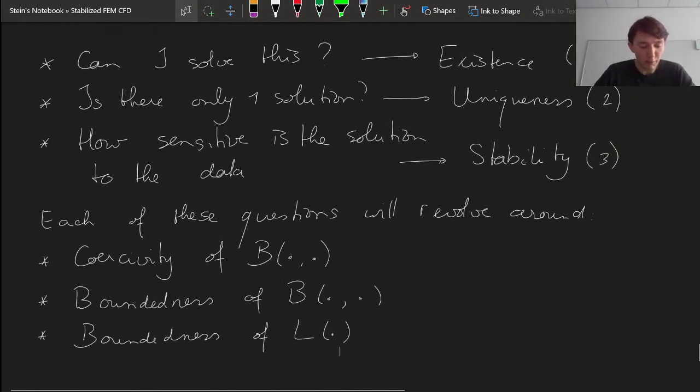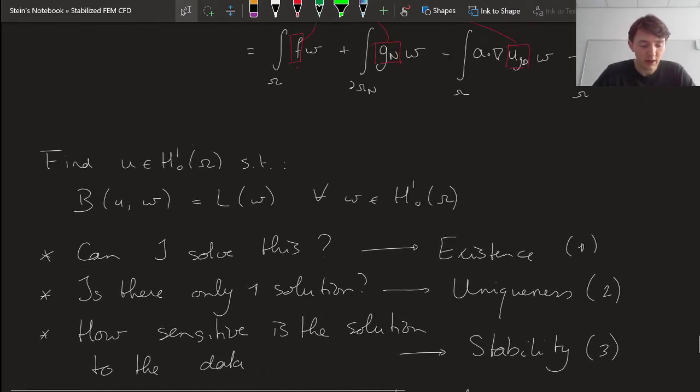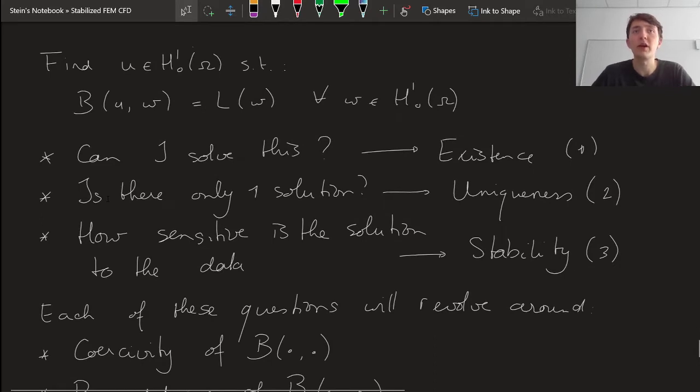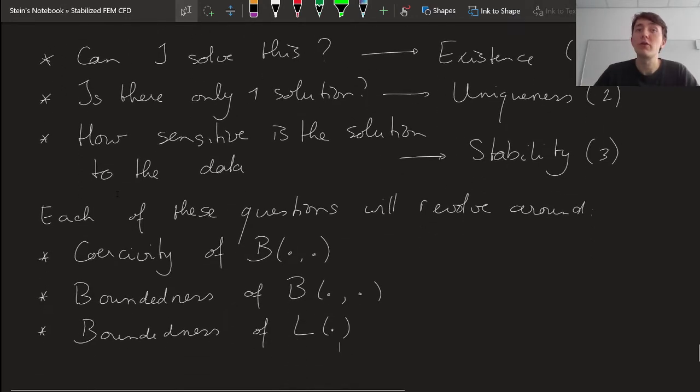So these are somehow properties of B and L. As we saw, partial differential equations are encoded in B, and all the boundary data and forcing, either Dirichlet data or Neumann data, follows in L, so this also involves our prescribed data. So the coercivity of B, the boundedness of B, and the boundedness of L.